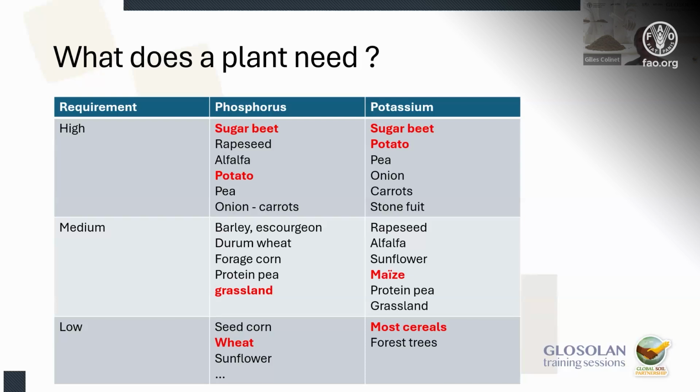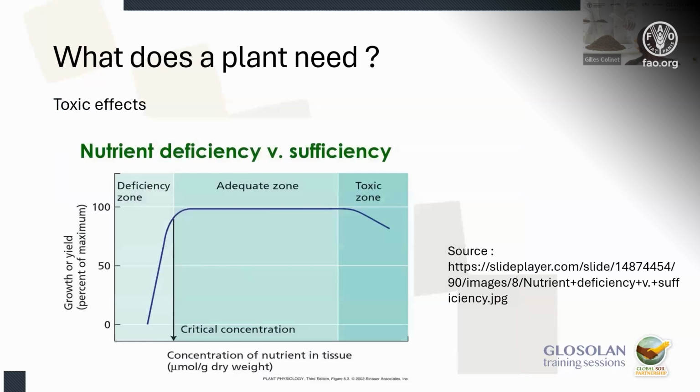Thanks to tens of years of experimentation, you are able to classify the plants into these categories, and you will take that into consideration when you begin the assessment and the crop rotation or the crop production.